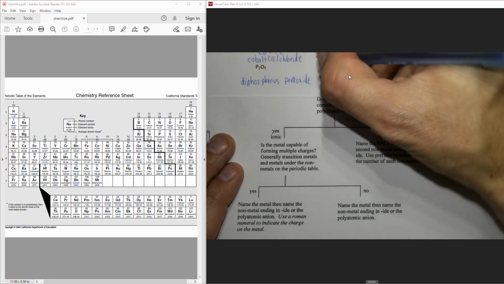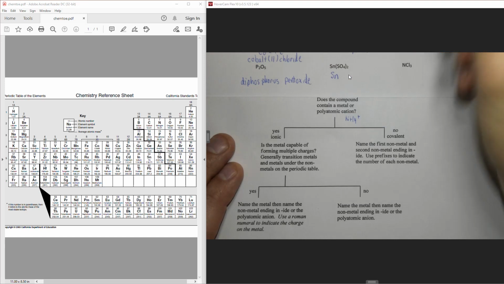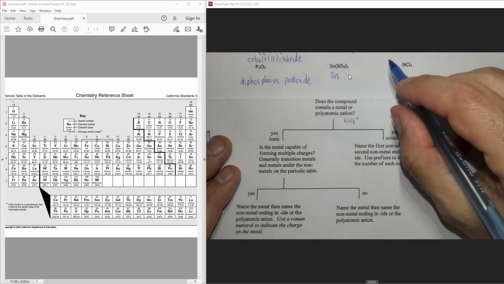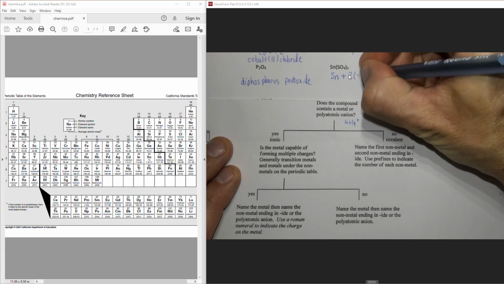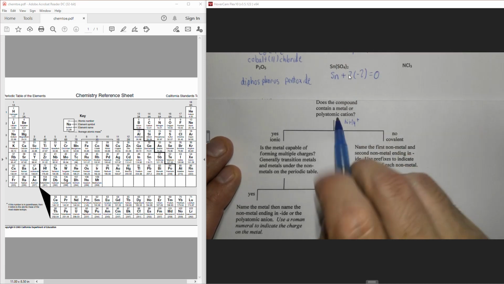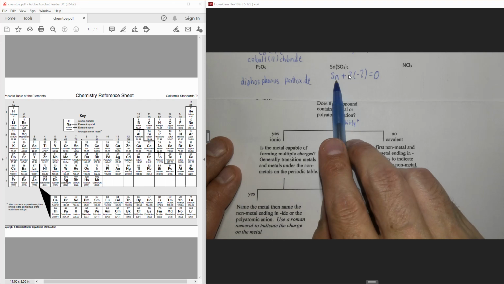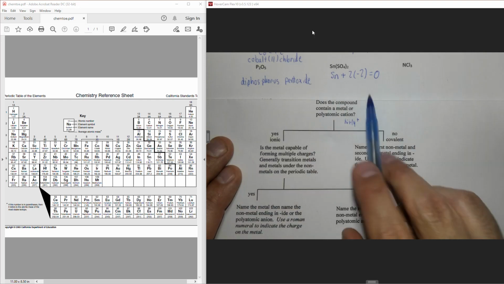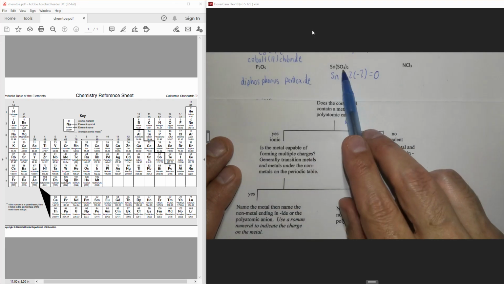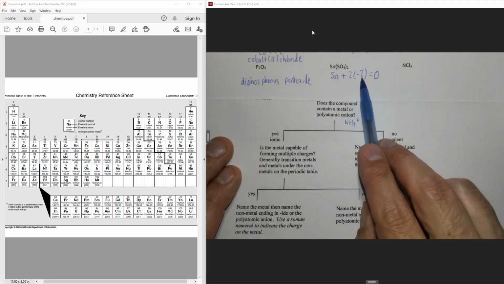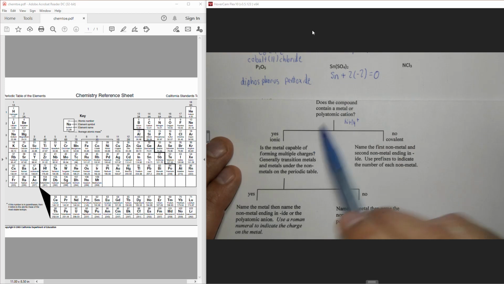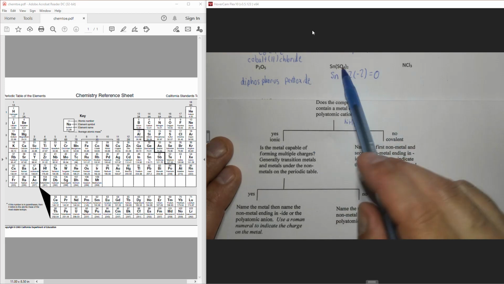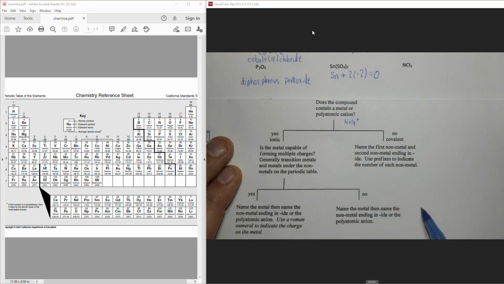So let's look at this. Sn, which is X, remember to find the charge, we have to do algebra, plus 2 times -2 equals 0. What does this mean? It means the charge on tin, that's what I don't know, that's my X, plus 2 times the charge on sulfate, there's 2 sulfates, each sulfate is negatively 2 charged, equals 0, the overall charge on tin sulfate, tin whatever sulfate, okay, like so.